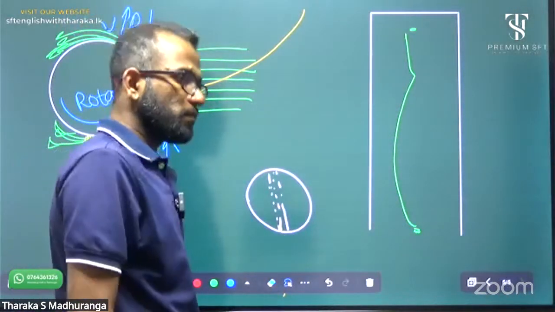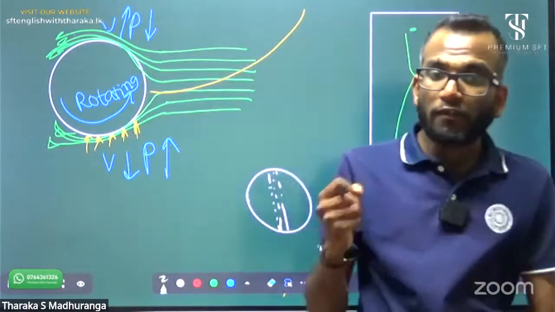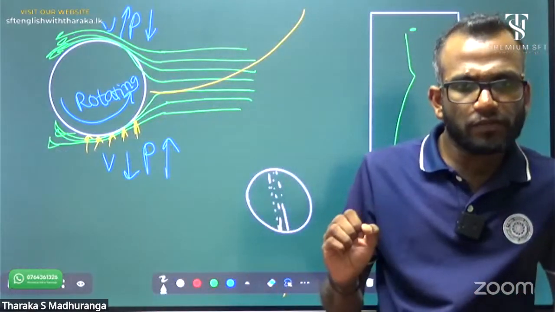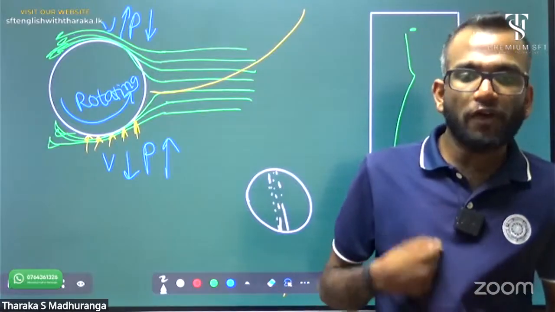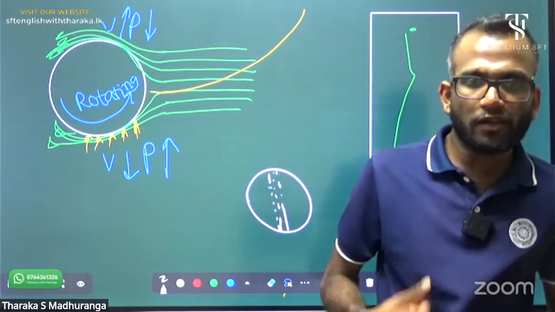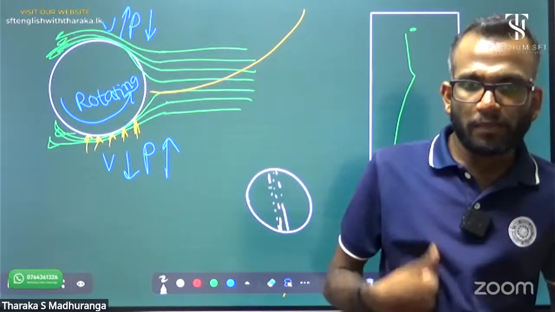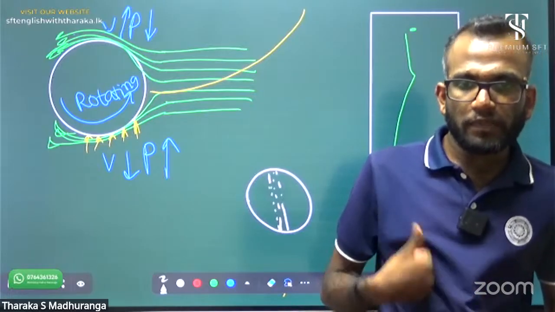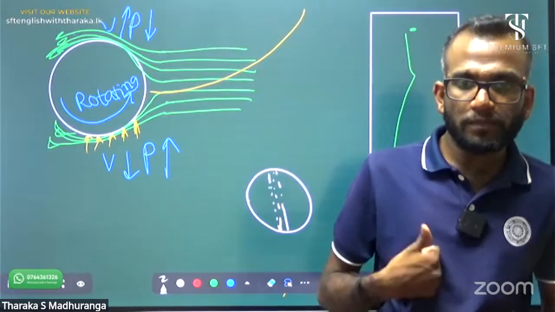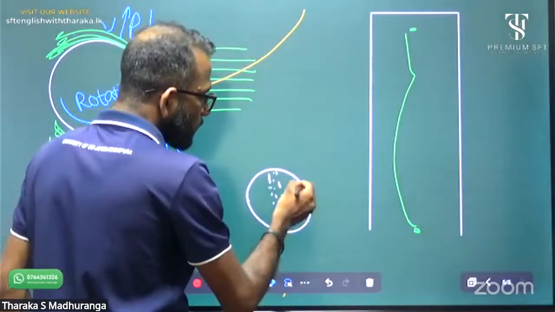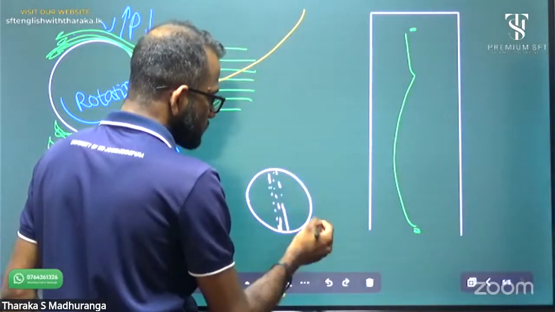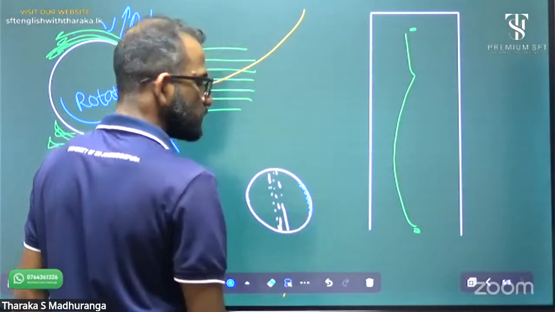Always they try to rough one side of the ball. Have you seen this? They always try to rough one side of the ball, rubbing it on a rough surface. They try to rough this one side. Like this.